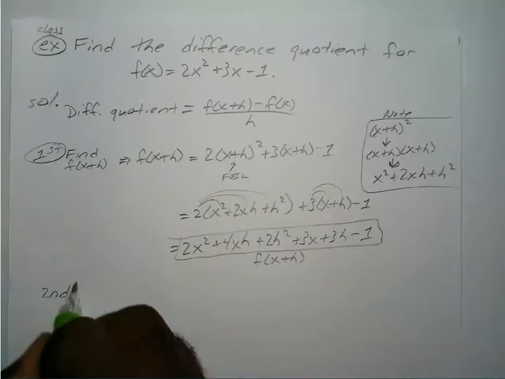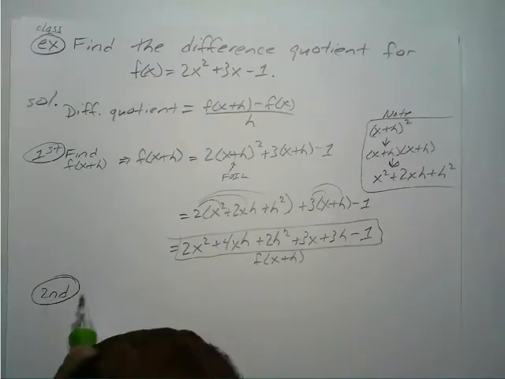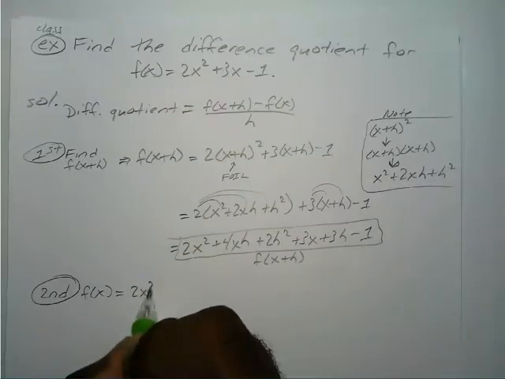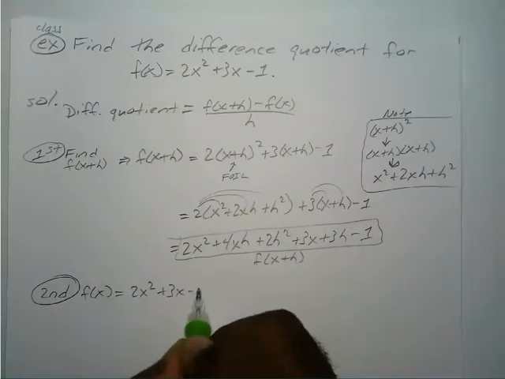Okay, so now we go to our second step and just plug it in. We know that f of x is equal to 2x squared plus 3x minus 1.